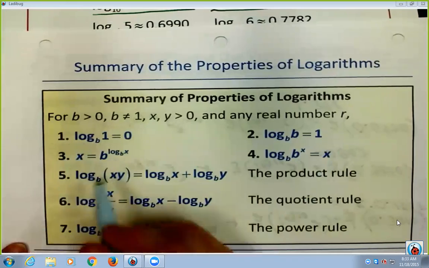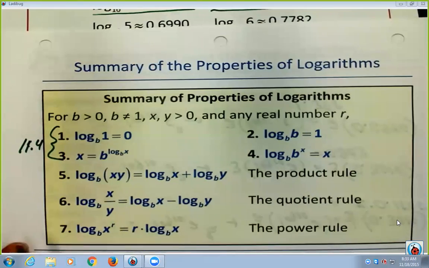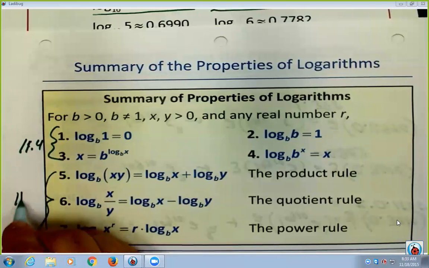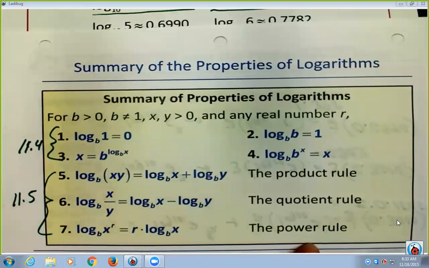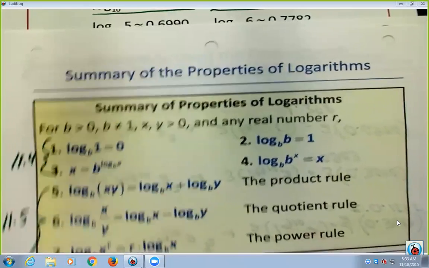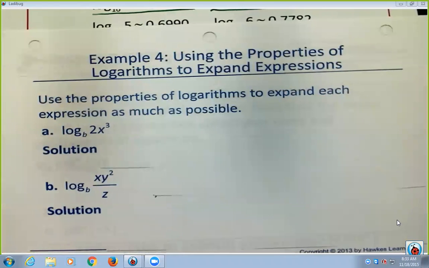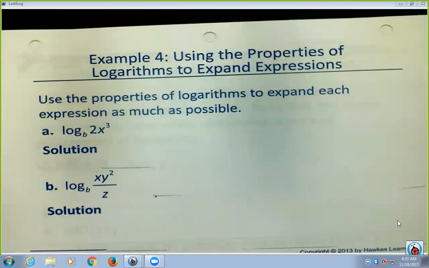These were the ones from 11.4. These are the ones from 11.5 today, and that's on your little sheet I handed out to you. So again, to get all of our stuff back together. Okay, so let's just expand these. These we're not going to answer. They don't have values that we're going to plug in for them, so I can put that sheet away.